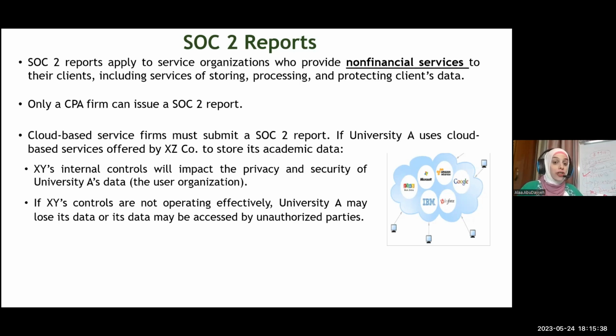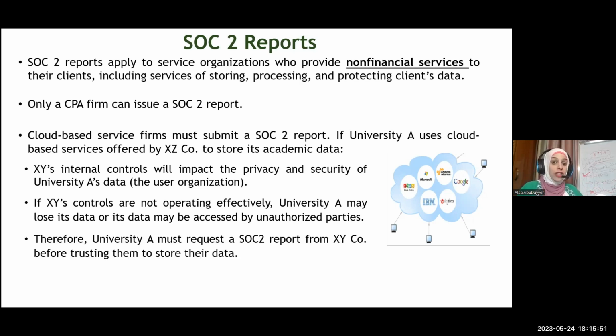If XY's controls, which are the service organization's controls, are not operating effectively, University A may lose its data and information, or its data may be accessed by unauthorized parties. So that's why University A must request a SOC2 report from XY company before trusting them to store their information.